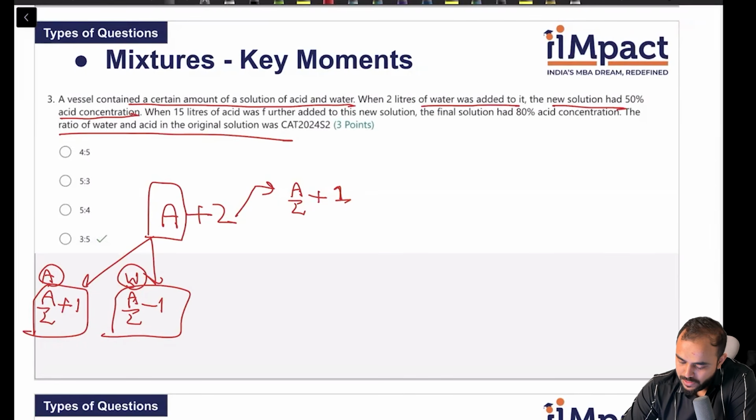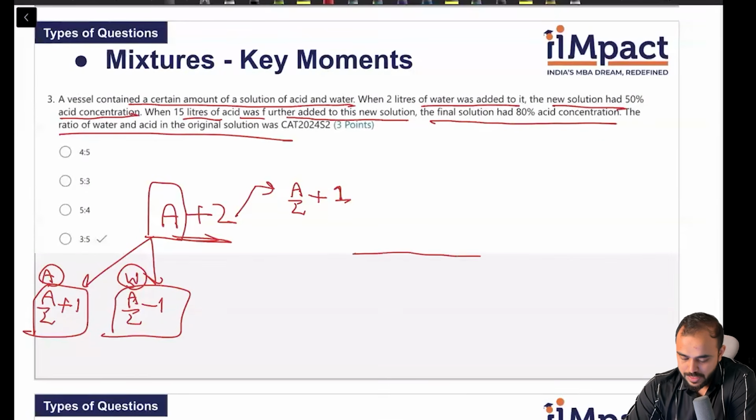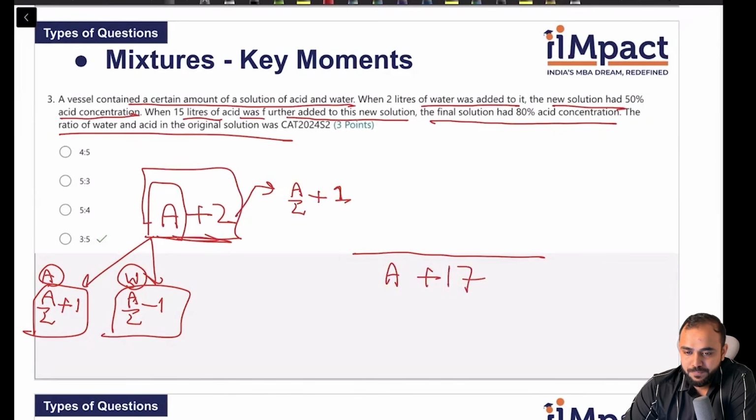All right. Now in this solution, 15 liters of acid was further added to this new solution. The final solution had 80% acid concentration. So let's find the denominator. What is the total volume? A plus 2 plus 15, that is A plus 17. Correct. What is the desired volume? I want the volume of acid.